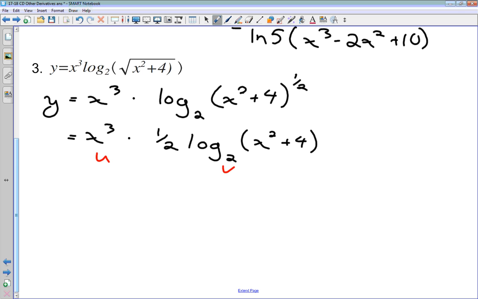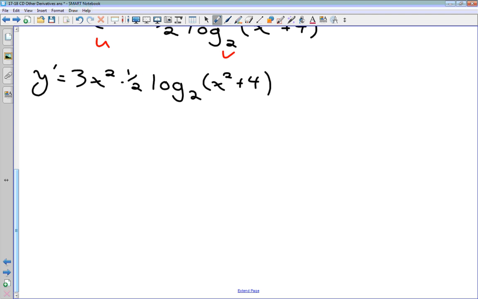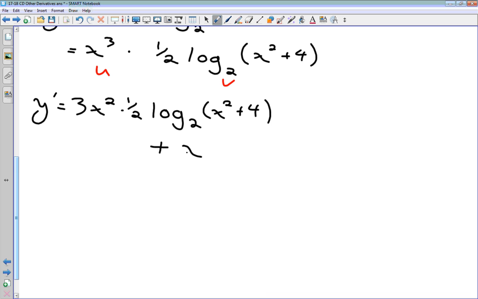So from here, product rule, okay? U and V, so our derivative is going to be U prime, 3x squared, times our V function here, 1/2 log to the base 2 of x squared plus 4, plus our U function, x cubed, times the derivative of V. So when we do the derivative of V, we're going to have to use the logarithm rule, and we're going to have to use the chain rule here.